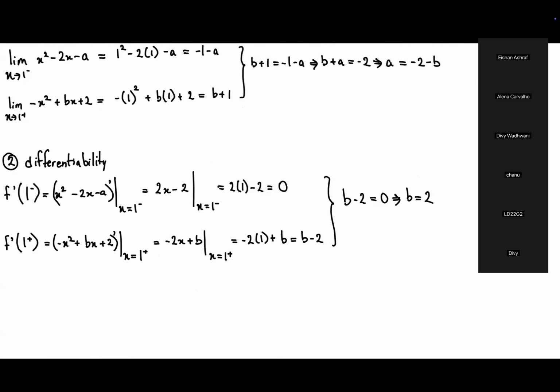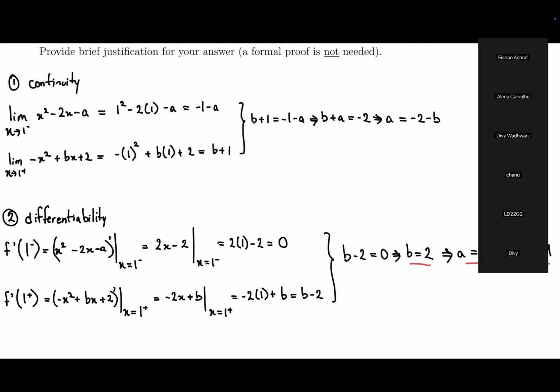Since we've solved for b, we can easily solve for a, which implies that a is equal to negative 2 minus 2, which is negative 4. Now with these values, I'll underline them. These are the values we were looking for, both a and b.